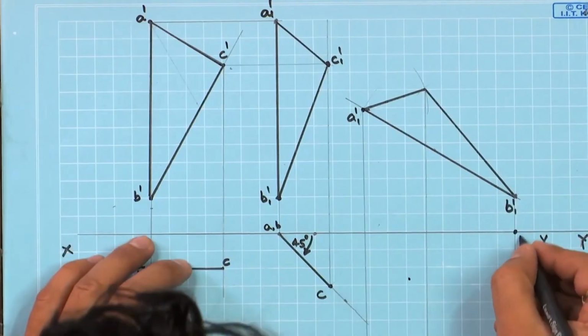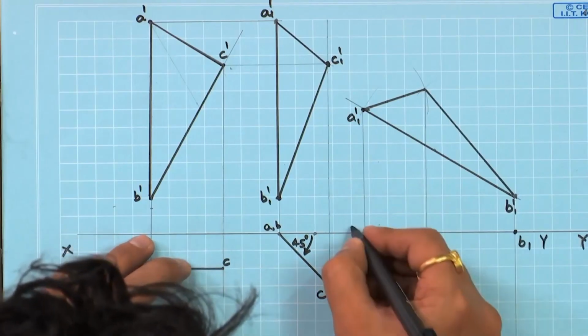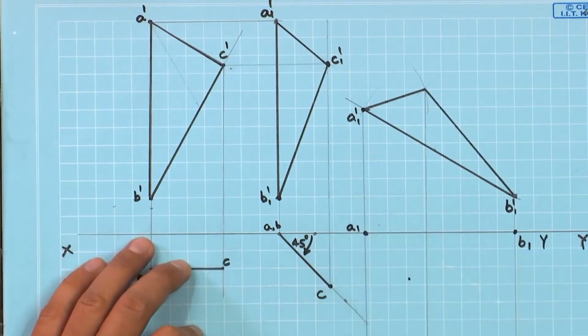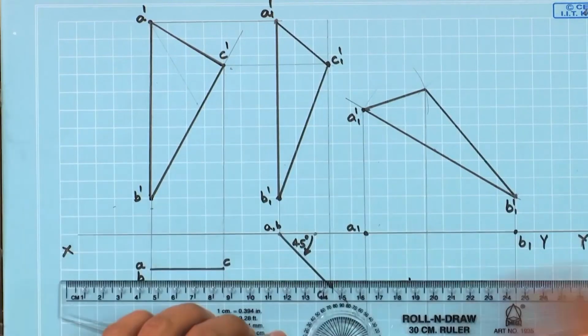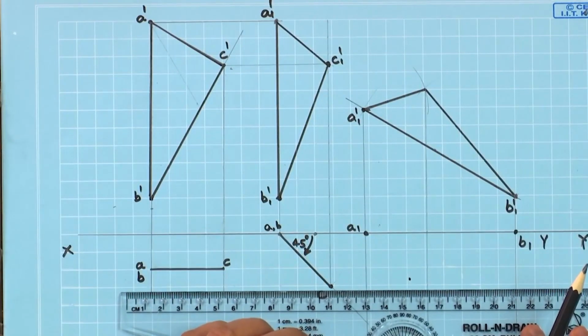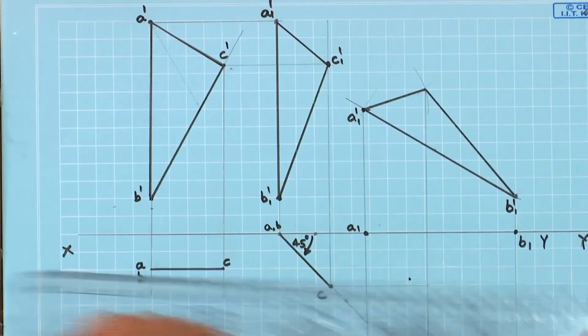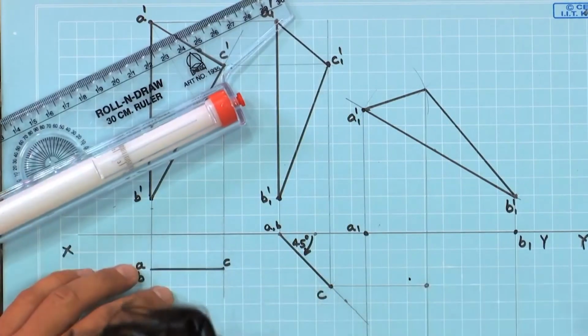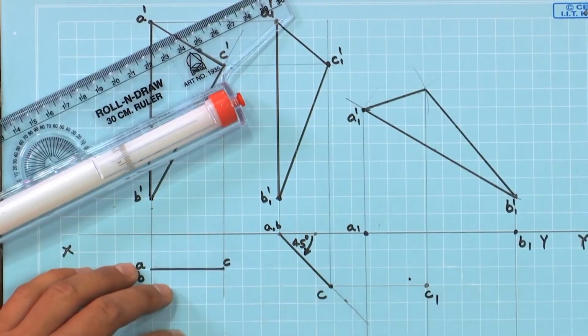So, this one maps to B1 and this point maps to A1 and this line maps to the locus if we are constructing from C. This point let us call C1.